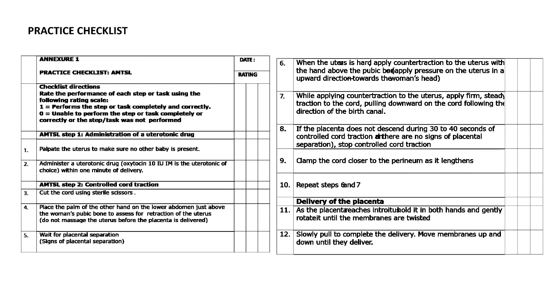So if a student does not perform the step correctly or is unable to perform, they are given 0, and a number of 1 is given if they perform the steps or tasks completely and correctly. So they can rehearse on the model a number of times and gain confidence. So this is a practice checklist which has been made.